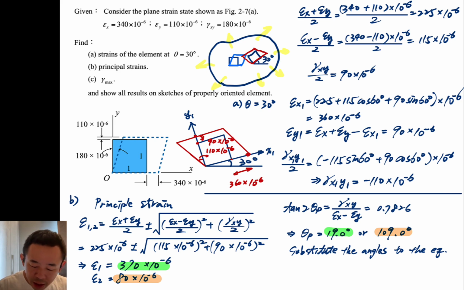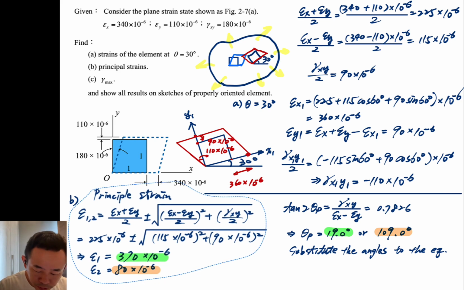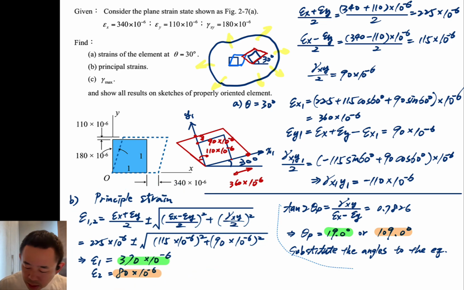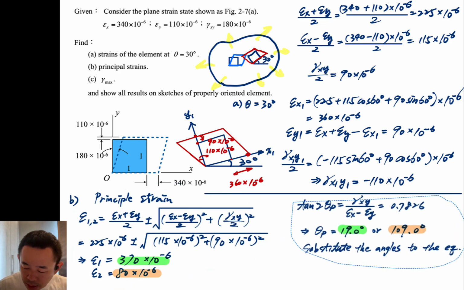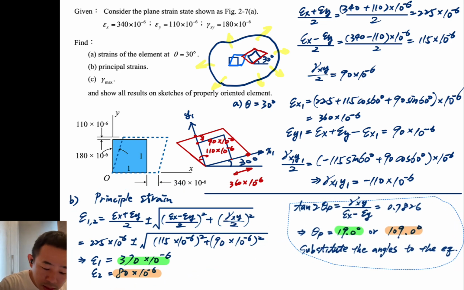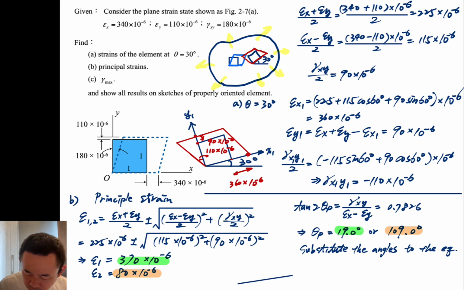So now we are ready to draw the strain element. 19 degrees, right? It's really kind of flat, because 19 degrees is not a big angle.